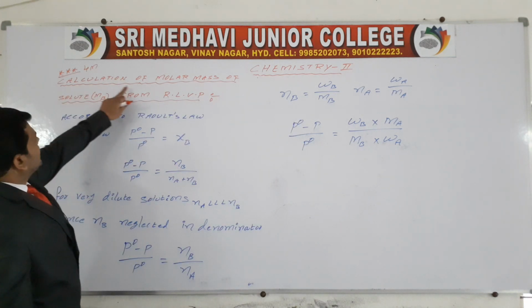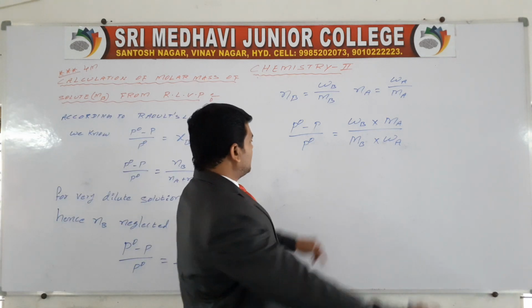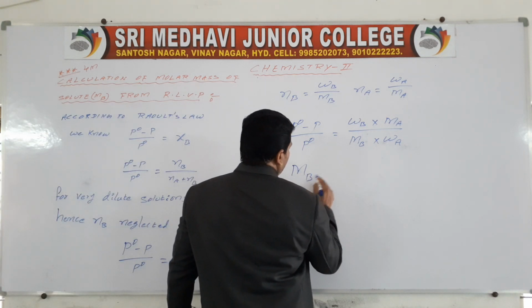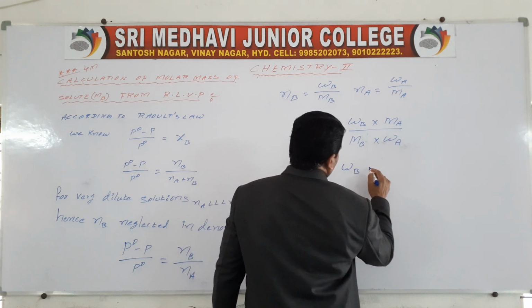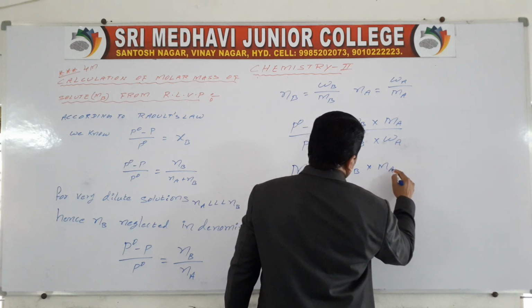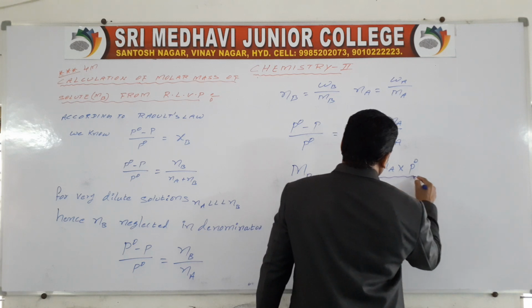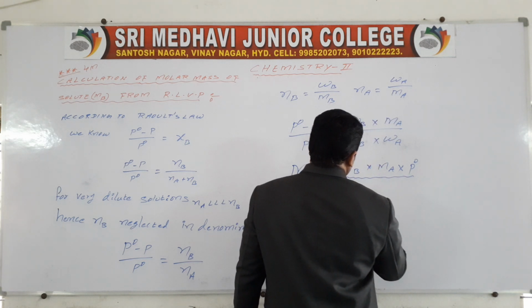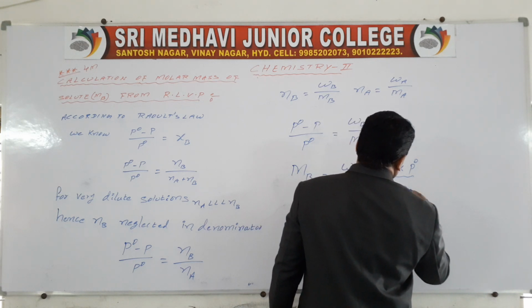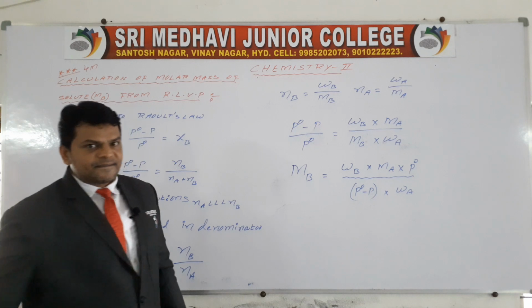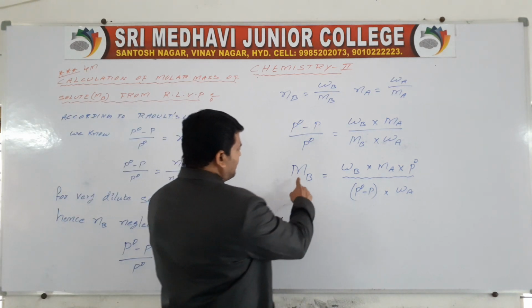So calculation of molar mass of the solute MB, we may find: MB is equal to WB into MA into P naught by P naught minus P into WA.